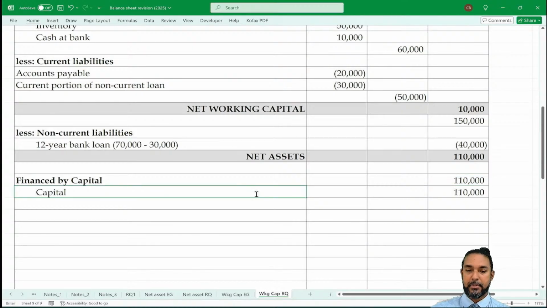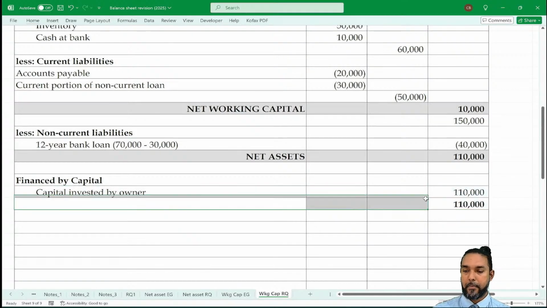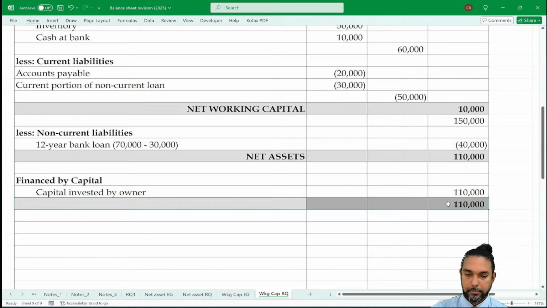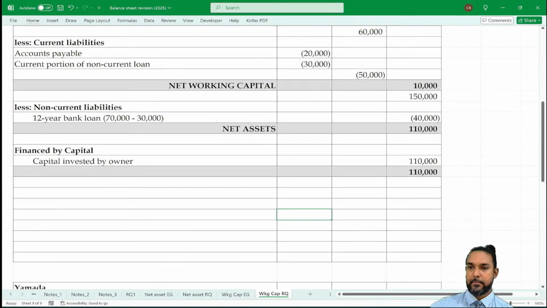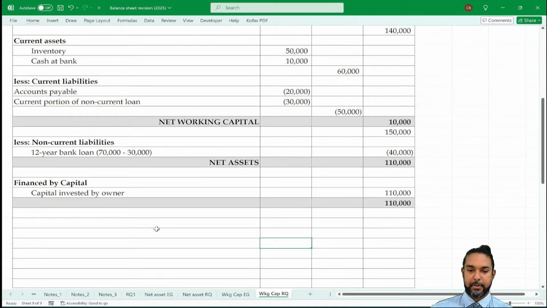Right, so capital invested by owner. Right, so I'm going to zoom out a little bit so we could see the whole balance sheet.